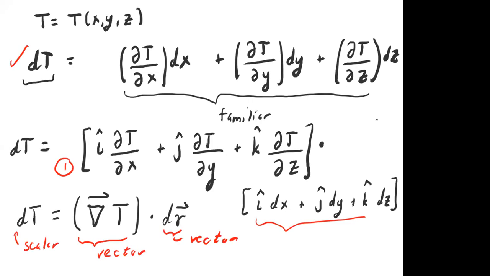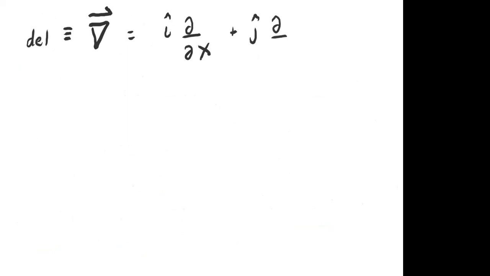Okay. Now I have to do some more thinking. What is this thing? And what is this symbol here? So I will define a symbol called del. And this thing is simply i hat partial with respect to x plus j hat partial with respect to y plus k hat partial with respect to z. This is an operator.